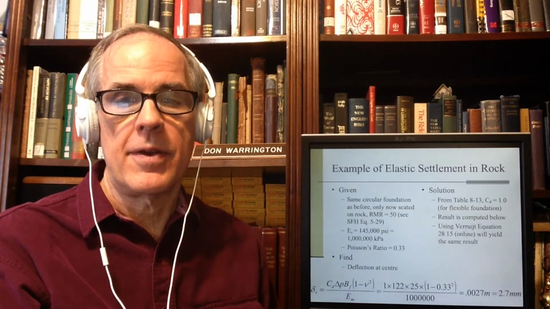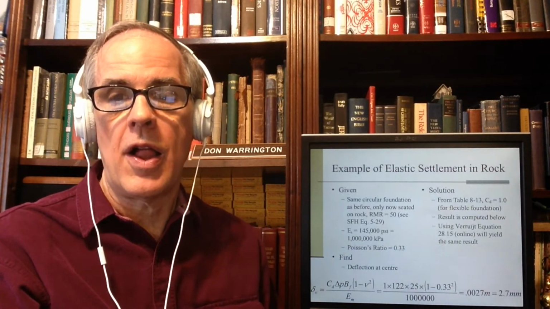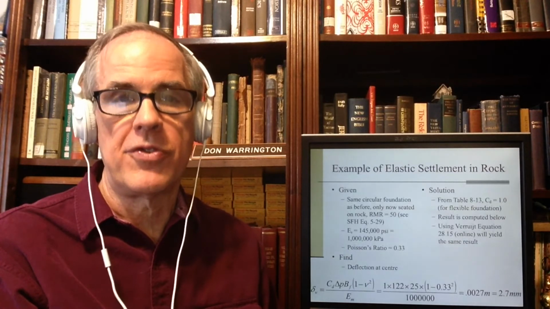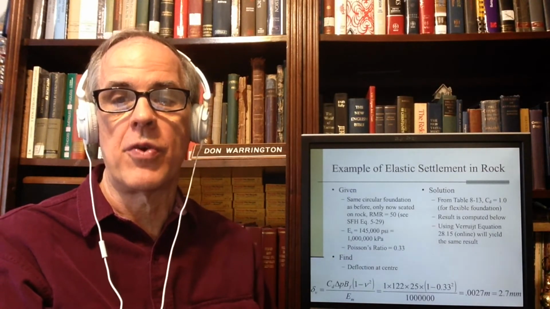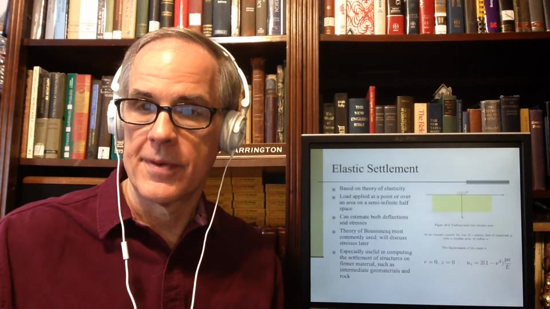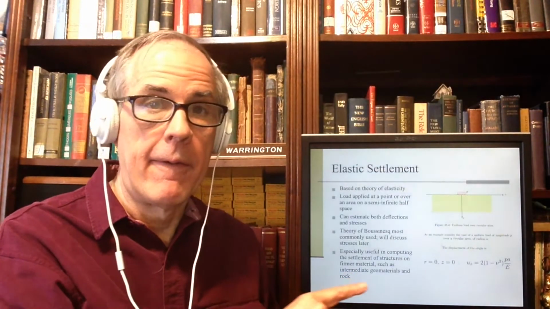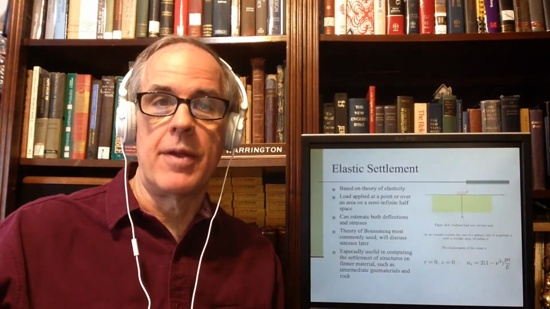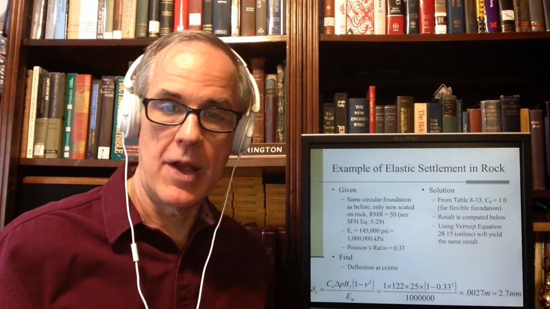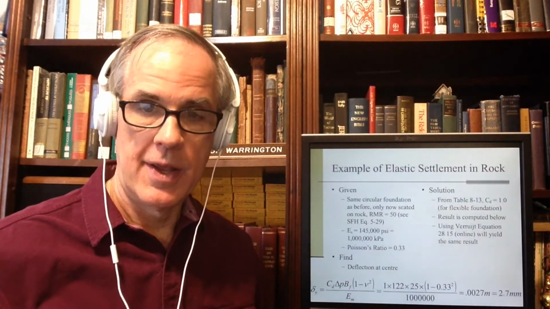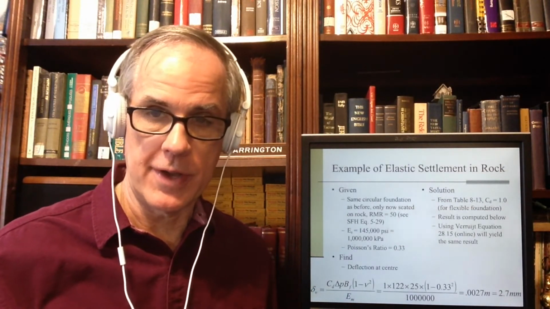In any event, for the deflection at the center, all I do at this point is plug and chug. Actually, I can use the Verroy equation 28.15, the one I presented right there, and I get the same result. C sub D is unity. Delta P is again 122 kPa.